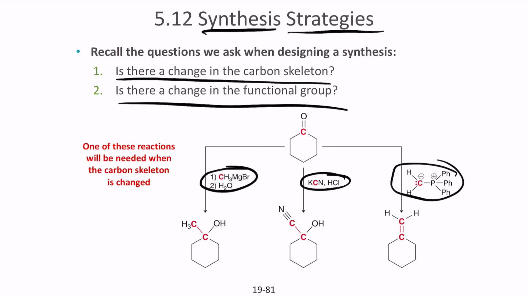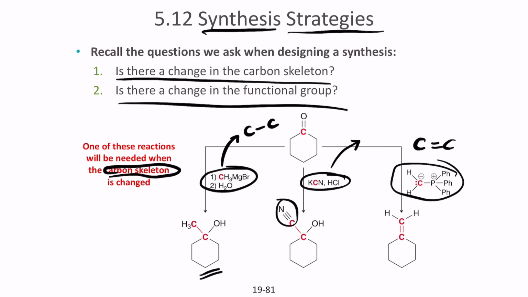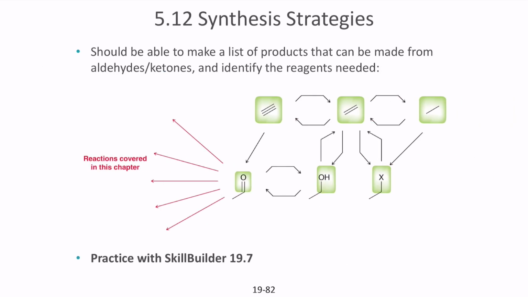All three reactions are commonly used to change the carbon skeleton, because the Grignard reaction creates a new single carbon-carbon bond. Cyanohydrin creates another carbon chain, so you have an extra carbon attachment, and finally the Wittig reaction attaches a C double bond C. So a new double bond.